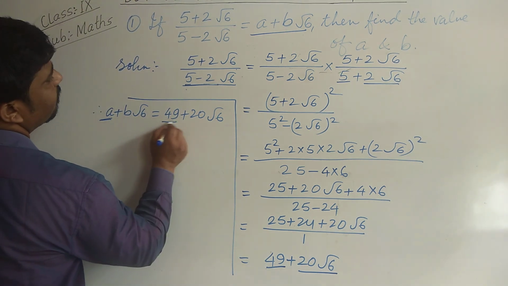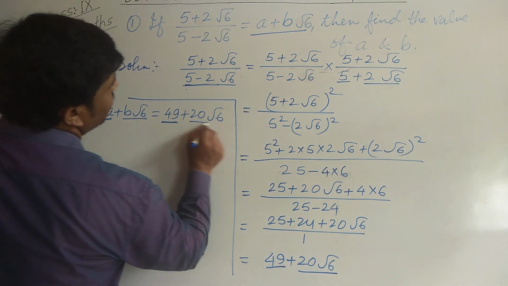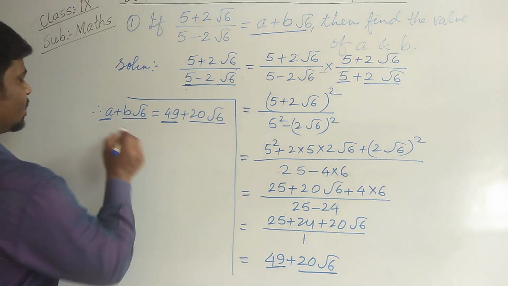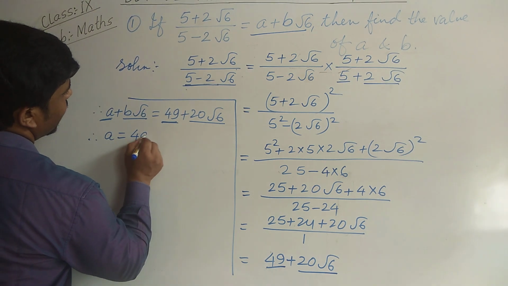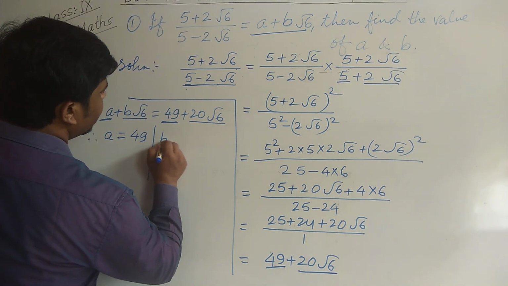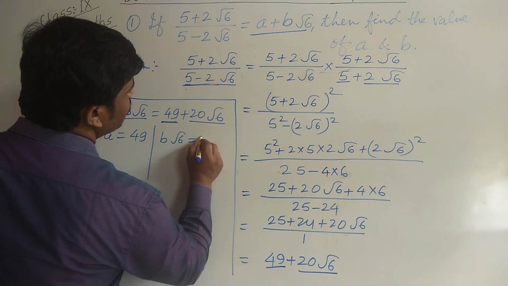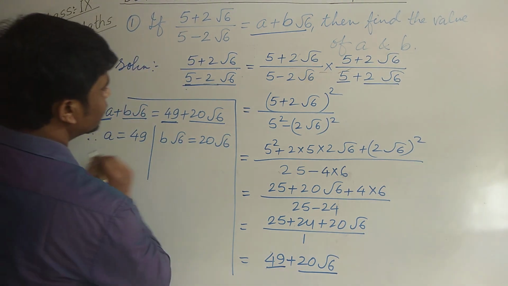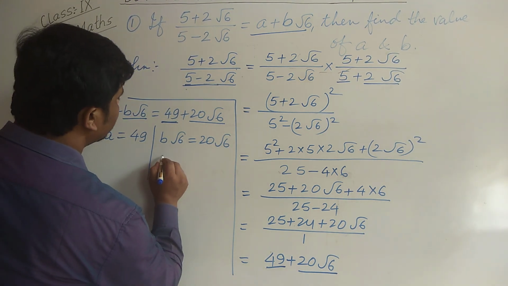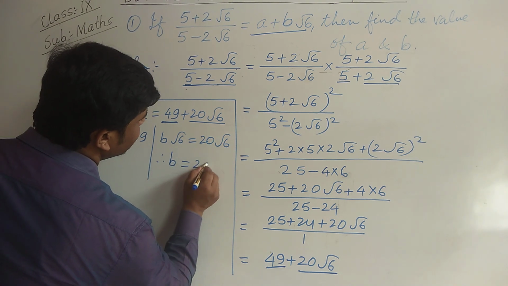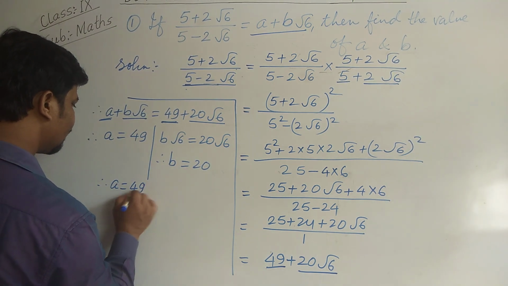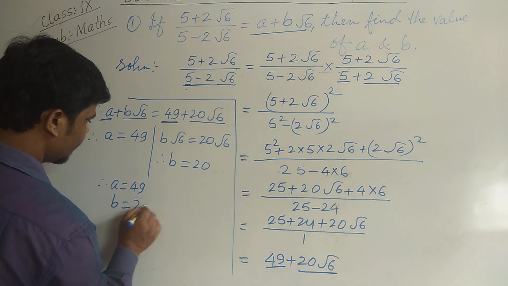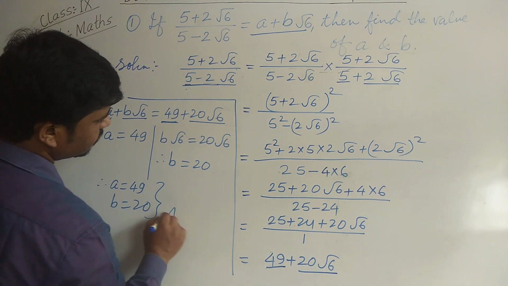So a will be compared with 49 and b√6 will be compared with 20√6. Therefore a equals 49 and b√6 equals 20√6, and √6 will cancel, therefore b equals 20. So therefore a equals 49 and b equals 20. So this is the answer.